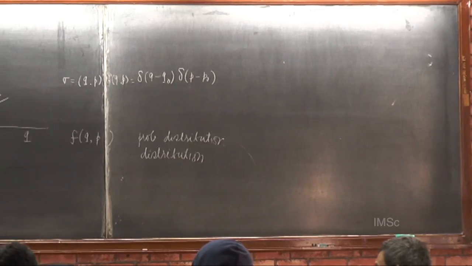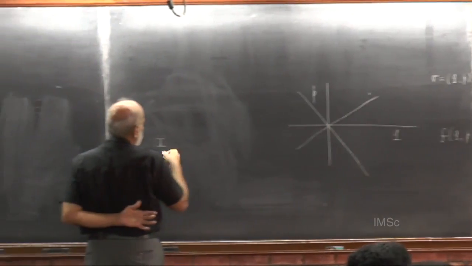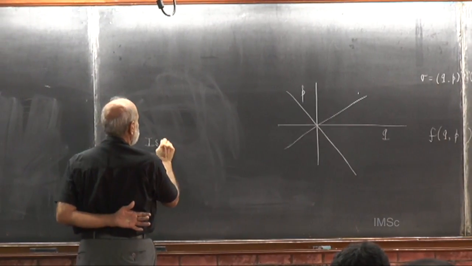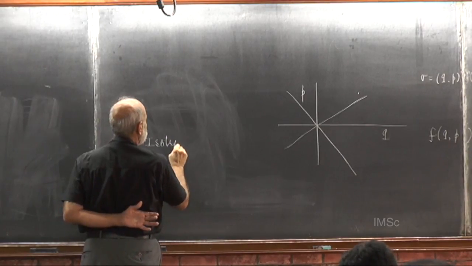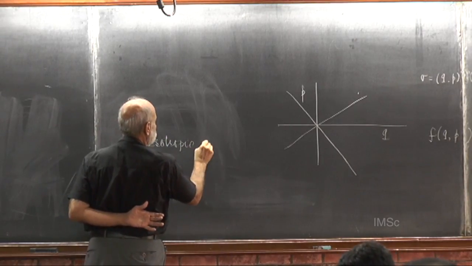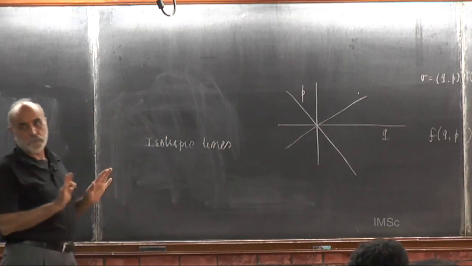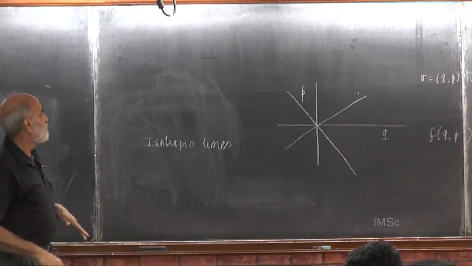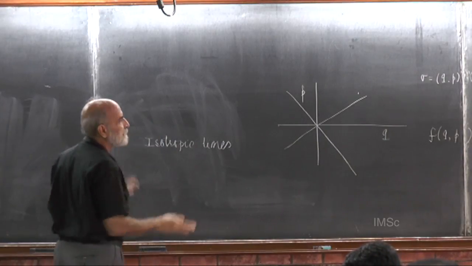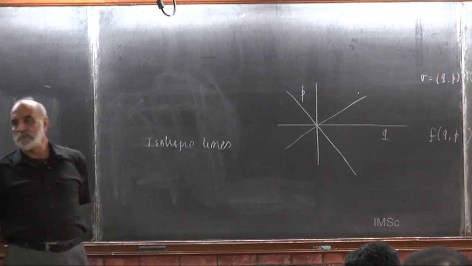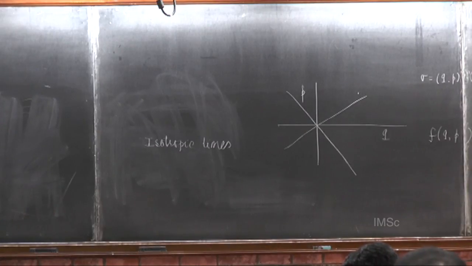All these lines are referred to as isotropic lines. These are not going to be of great importance to our present setup, but since we are talking about phase space, I thought I will mention them to you, so that later on when you come across them, you are not at a loss to understand.